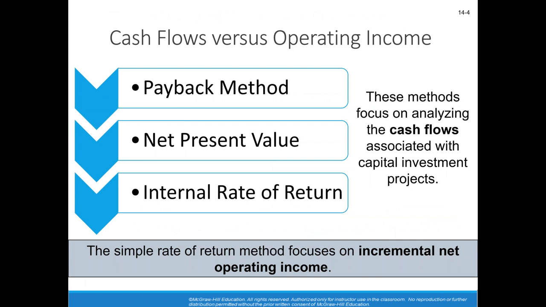And we're looking at either a payback method, a net present value, or an internal rate of return. The net present value and the internal rate of return take into account the time value of money. The simple rate of return method focuses on incremental net operating income.